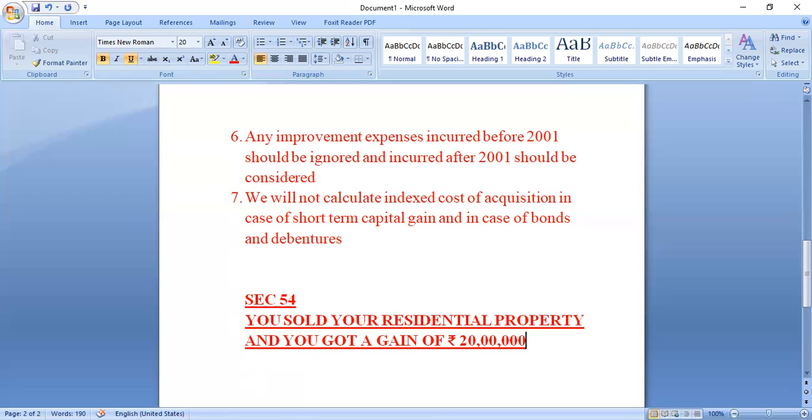Now, what you have to do? Section 54 says that you have to buy another residential property immediately. Suppose you are buying a ready-made house.